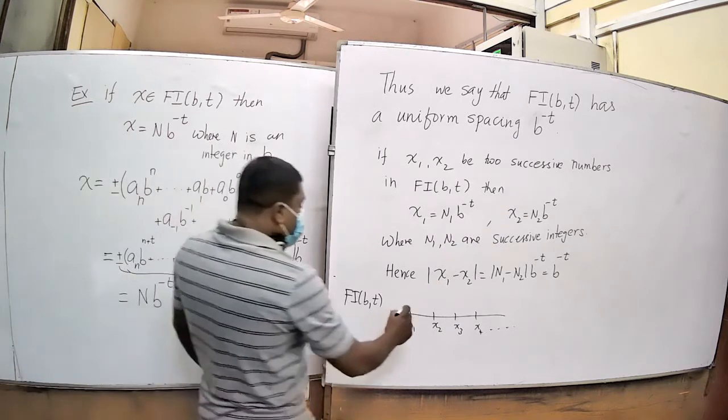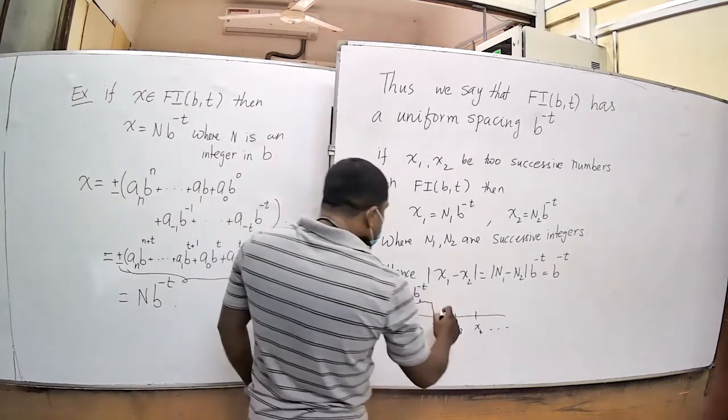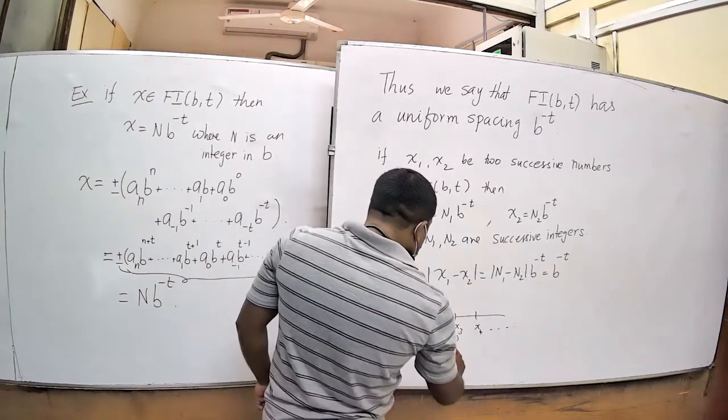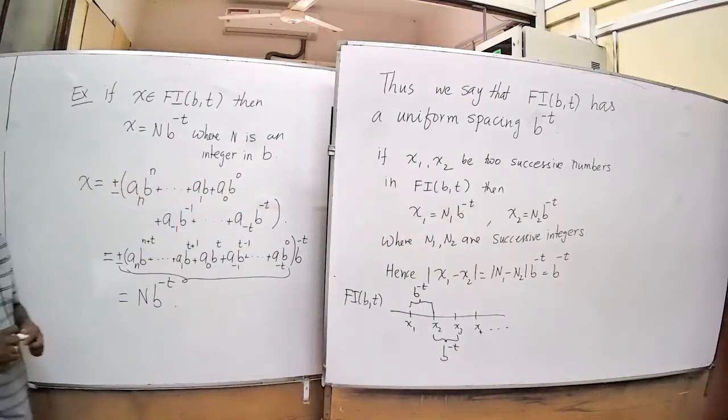This spacing is b to the power minus t, and this spacing is again b to the power minus t. That is how you will have uniform spacing in fixed point numbers. So that is the fixed point number representation.